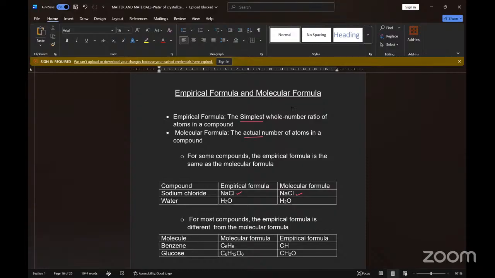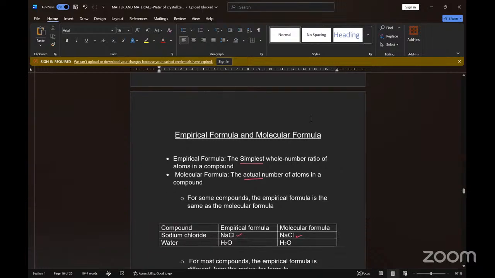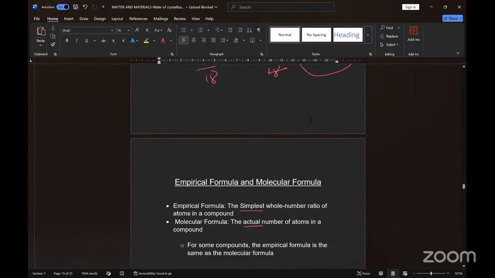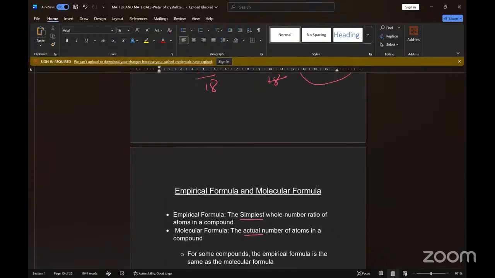Let me just give you a hint about this whole concept of empirical formula and molecular formula, so that you don't get confused. In the lower grades, your teacher must have taught you about simplifying expressions in mathematics.